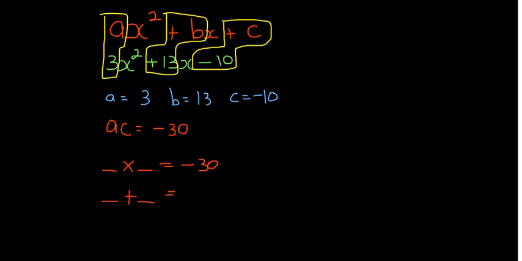When we multiply them, we're going to get minus 30. But when we add them together, we have to get a positive 13. Positive 13. So again, directed numbers here is going to be very important. So anybody want to tell me some pairs of factors of 30? We're going to look at it from that perspective first. Pairs of factors of 30.